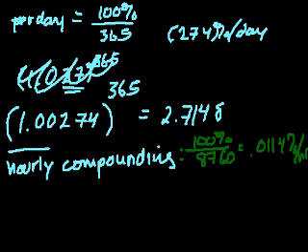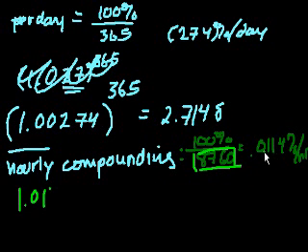So over a year, I would take it to this power, right? So let's say after 1 hour, you'll owe me 1.0000114. That's how much you're going to owe me after 1 hour. So, $1 plus a very small fraction of a cent.